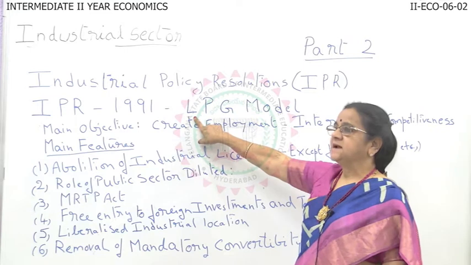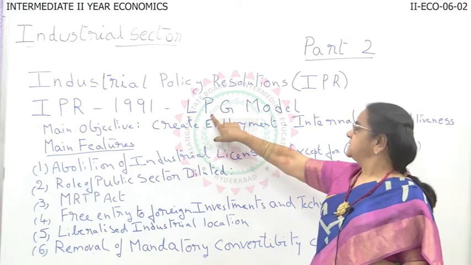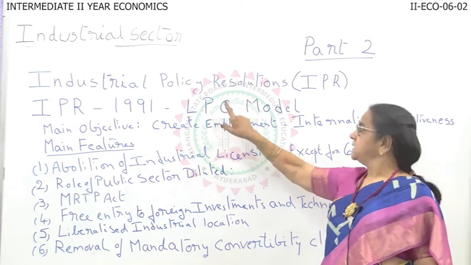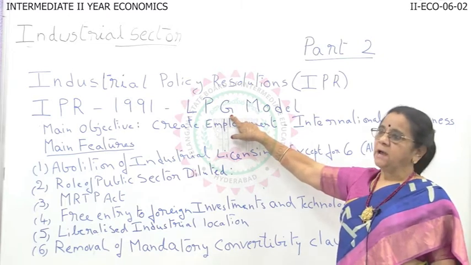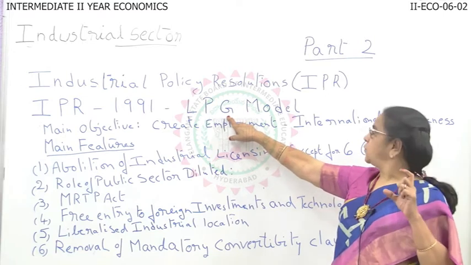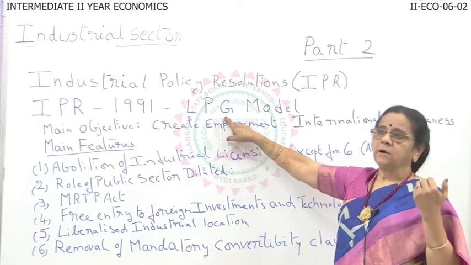LPG: L stands for liberalization, P stands for privatization, and G stands for globalization. So an attempt was made through IPR 1991 to revolutionize the Indian economy.